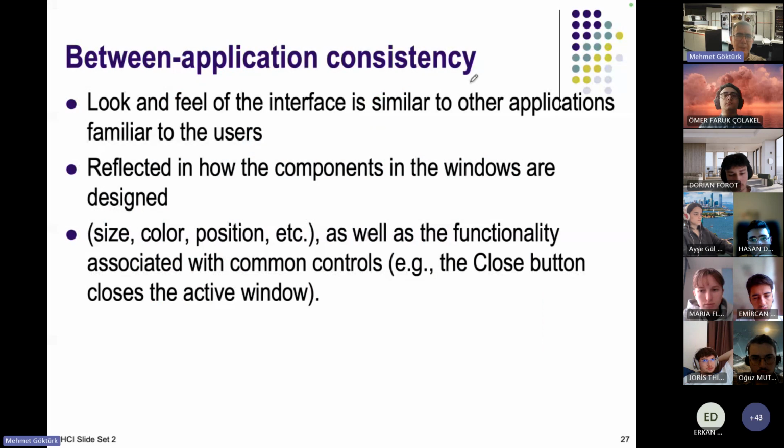When there are multiple applications, look and feel of the interface must be similar to other applications that are familiar to users. It is reflected in how the components in the windows are designed, such as size, color, position, or functionalities, how they behave. When you click on them, do they go down or the dialog disappears without button movement?